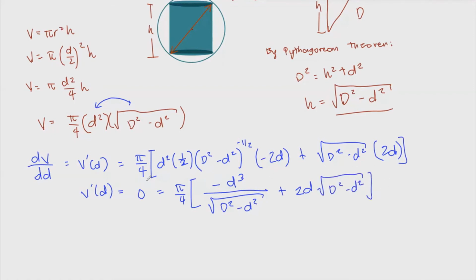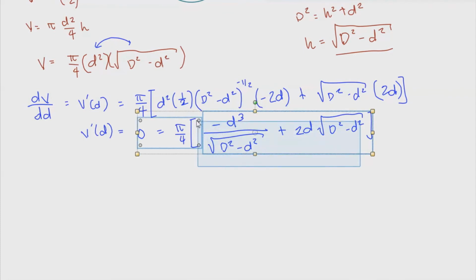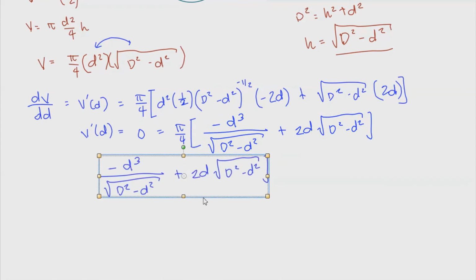Okay, and then of course this is equal to 0. So we could also simplify this by dividing both sides by pi over 4, and we're left with 0 equal to this expression inside the bracket. So we could copy it from here, and then let me erase this. So this is now equal to 0.